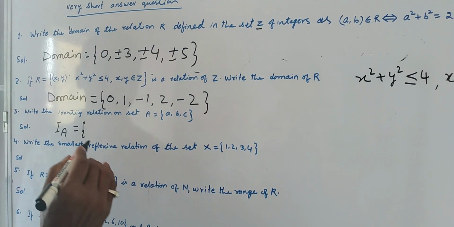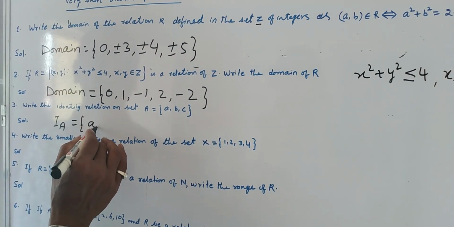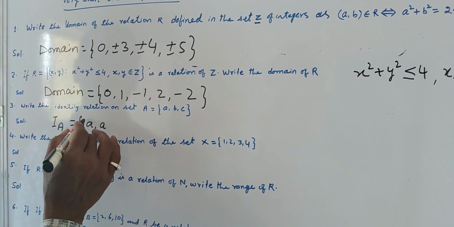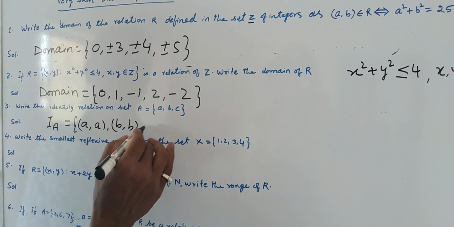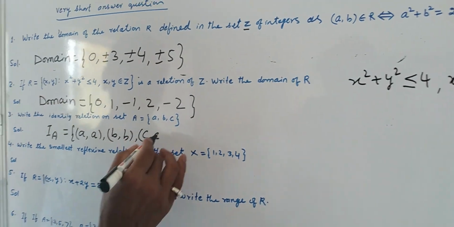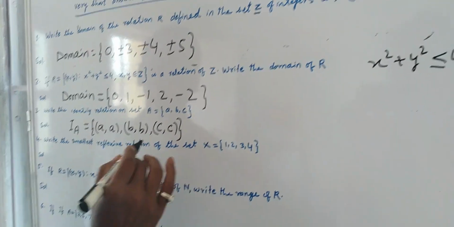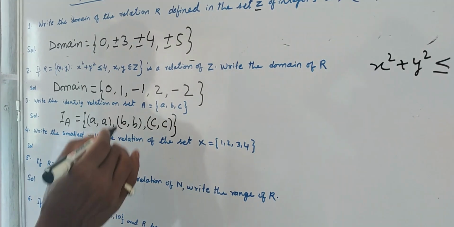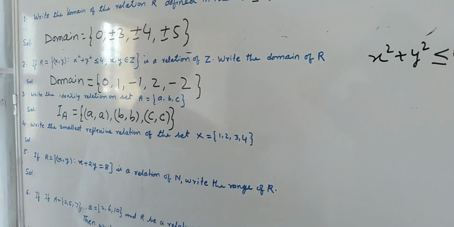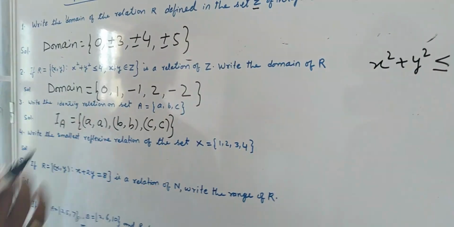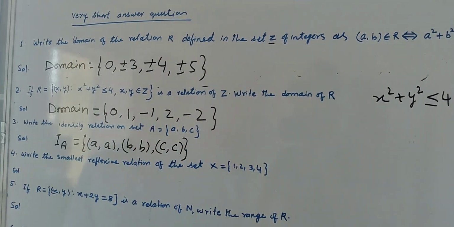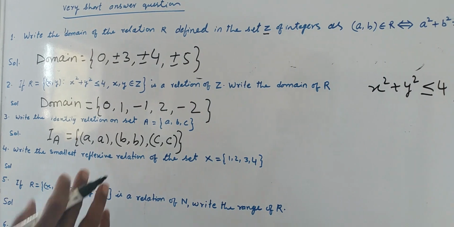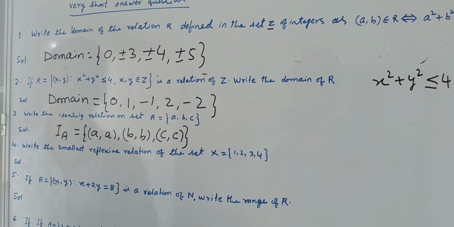No extra element, only this type of elements will be there: (a,a), (b,b) and (c,c). So the identity relation on any set A is unique. You cannot change this relation, you cannot add some extra element, or remove any element. So this is your identity relation.